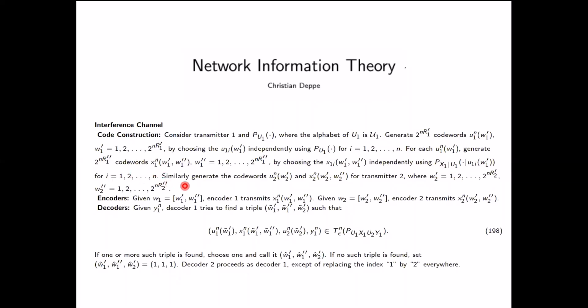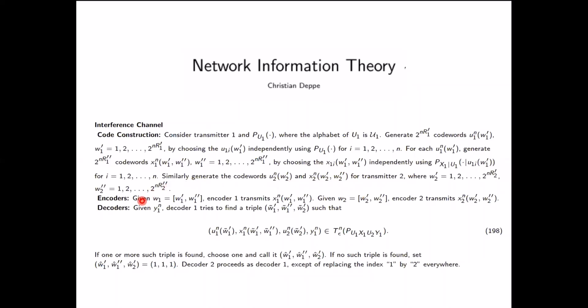And in a similar way, we generate for encoder 2, or transmitter 2, this codebook U2^n of W2', and choose then the satellites X2^n(W2', W22') for transmitter 2. This is again the cloud center, and this is the satellite somehow.